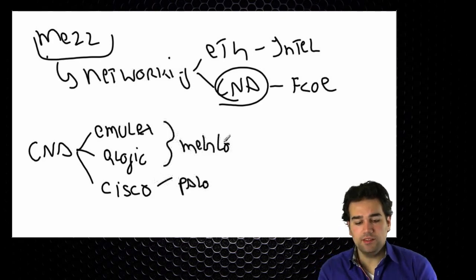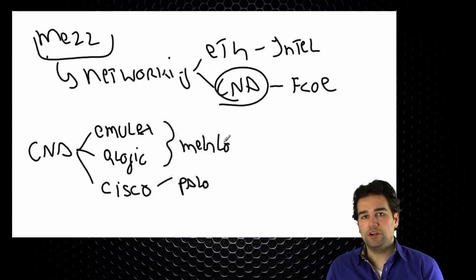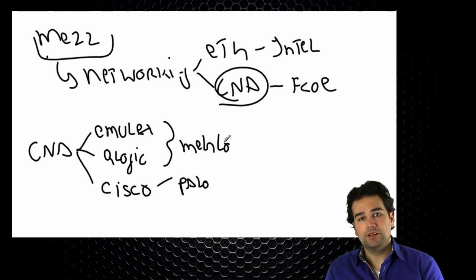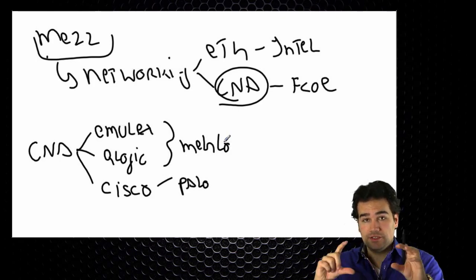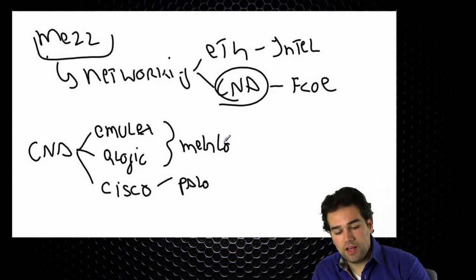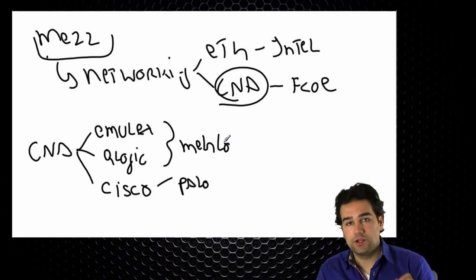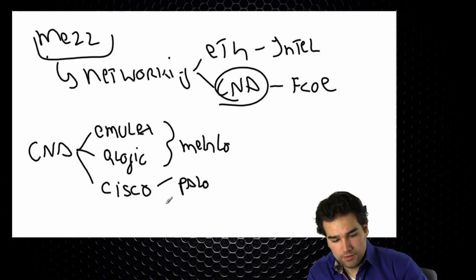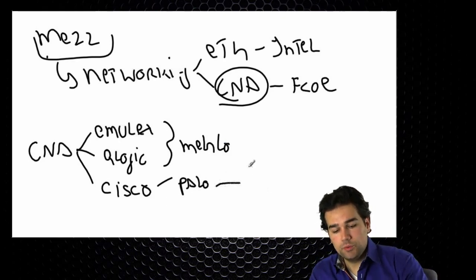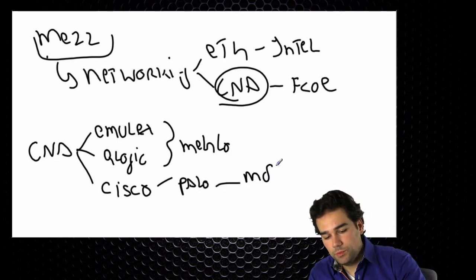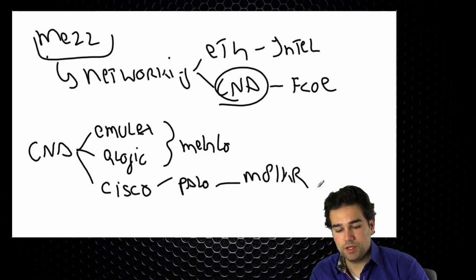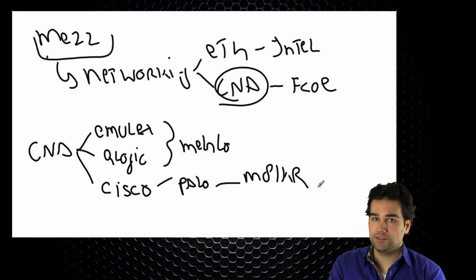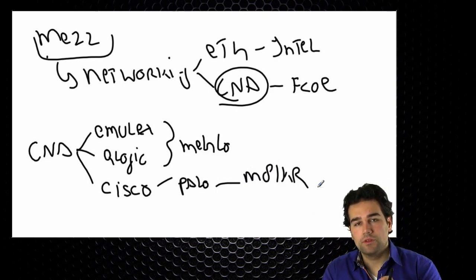So if you have any guy talking to you about Menlo cards, they purchased third-party chipsets on Cisco's own form factor. A Palo card is Cisco's own CNA, so Cisco's own converged network adapter. That Palo card used to be one card, which is called the M81KR. That's how it shows up as a model type in your UCS. So if you see a Cisco M81KR, that's your Palo card.